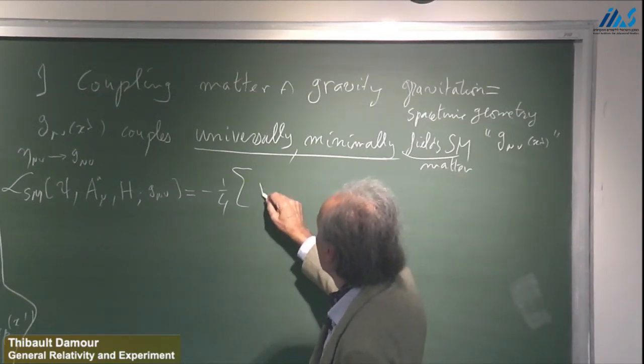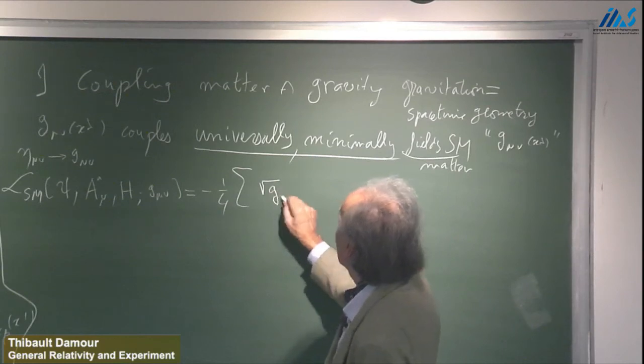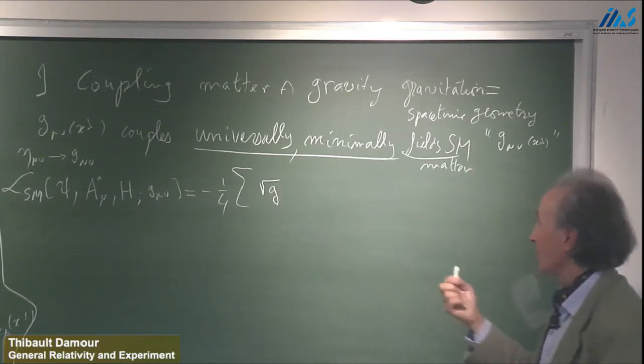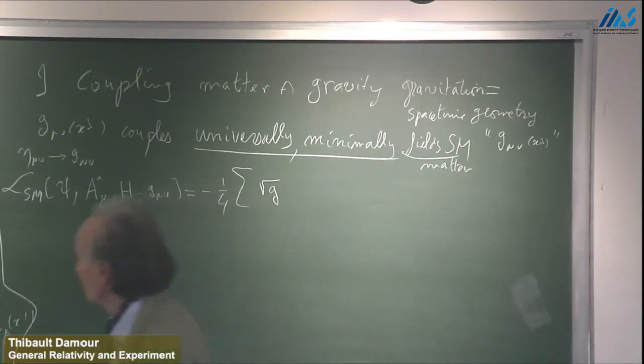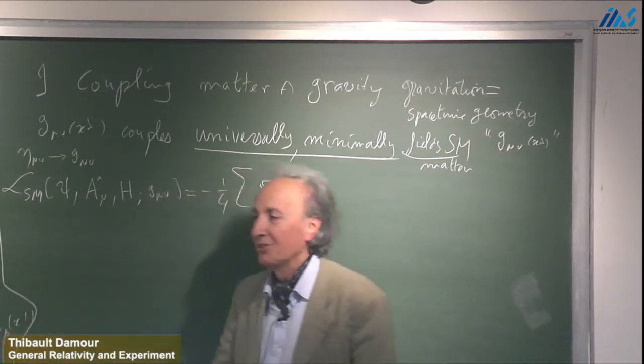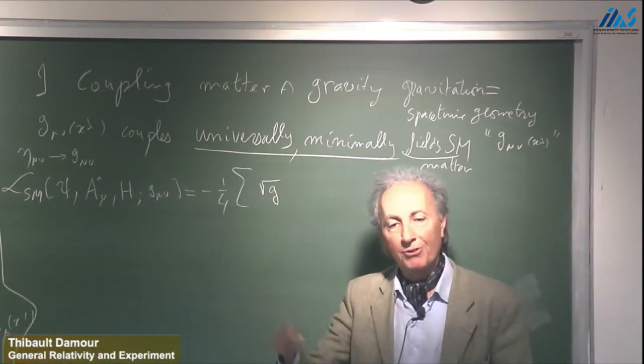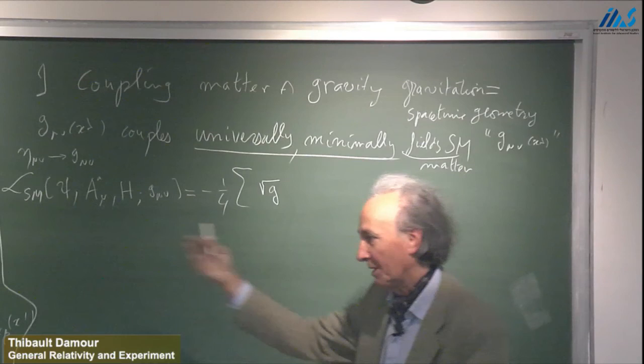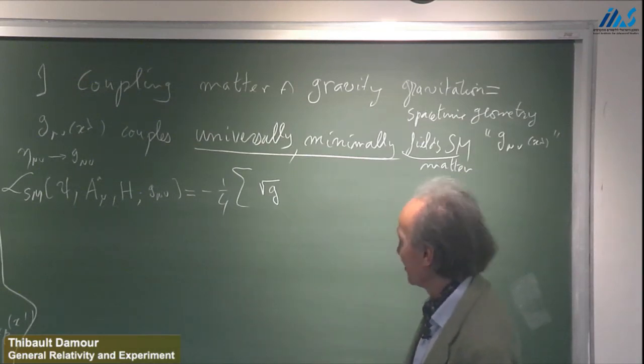Now, what happens in general relativity is first you need to include the square root of minus the determinant of g. So let me define g as minus the determinant of the matrix g mu nu. It's a function of x. Okay, usually g means the determinant, but then you have to write square root of minus g because g is negative. So it's better to put the minus sign in the definition.